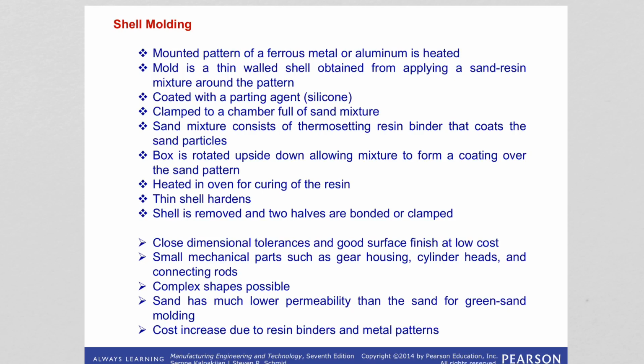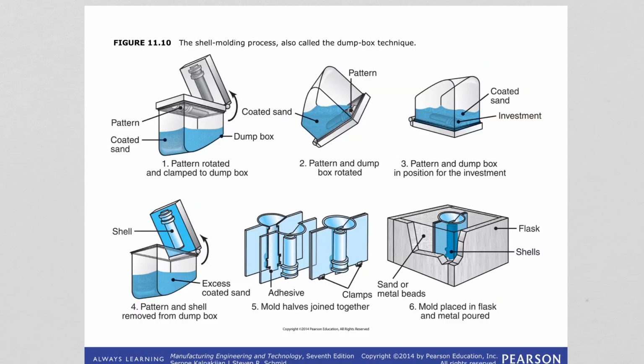Complex shapes are possible, and the sand has much lower permeability than the sand for green sand molding, and the cost increases due to the resin binders and metal patterns. The shell molding process, shell mold casting, is also called the dump box technique.